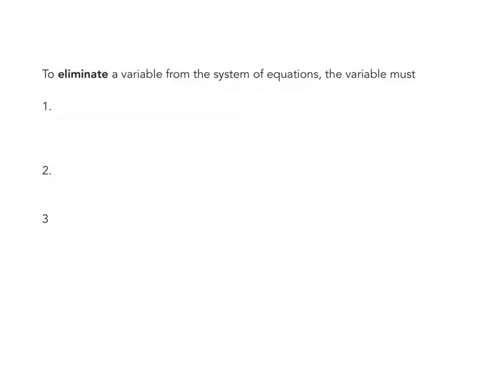So on top, to eliminate a variable from the system of equations, the variable must... So here's what it must be. You can only eliminate a variable if the variables are the same. So like 2 x's and 2 y's.